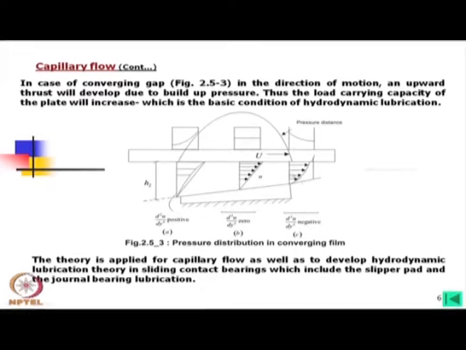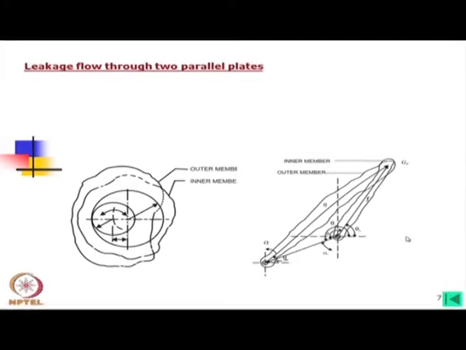Now, even if we would like to find out the pressure distribution in a capillary passage between two stationary plates, or one is moving and at the entry side and the exit side there is a pressure difference, the same equation can be used. Only in that case you will become 0. Let us see how it can be derived.